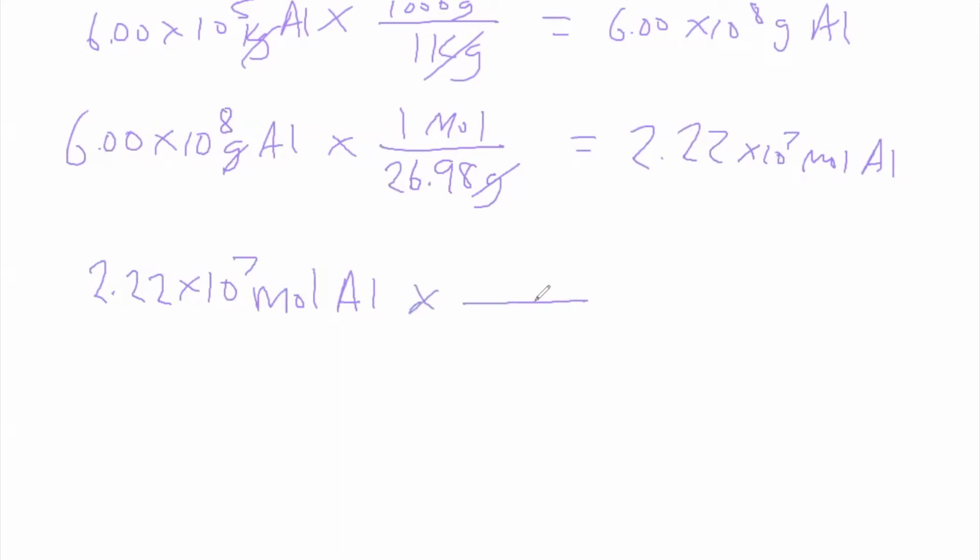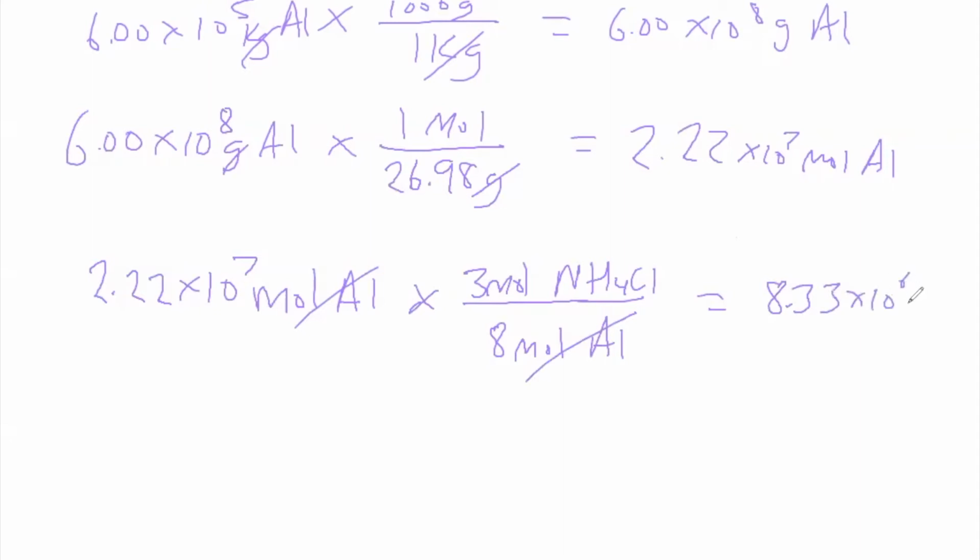So we look on the equation that we're given, we see that the ratio is 3 moles of ammonium chloride for every 8 moles of aluminum. Aluminum will cancel out, we're left with moles of ammonium chloride. So that gives us 8.33 times 10 to the 6 moles of ammonium chloride.